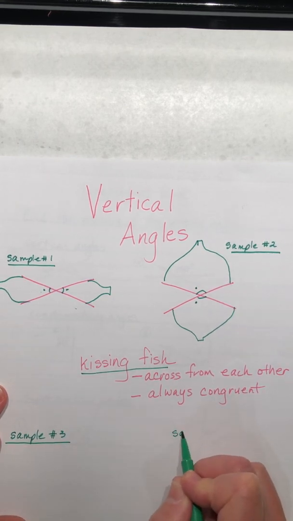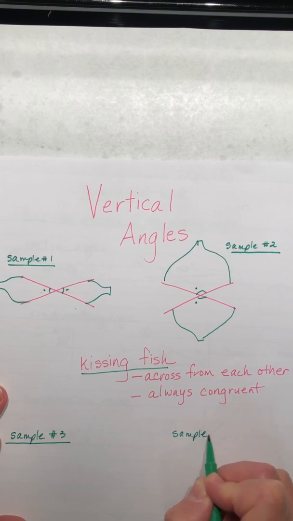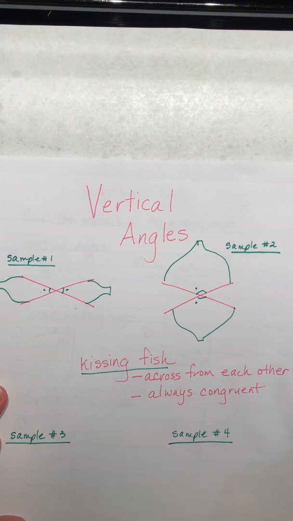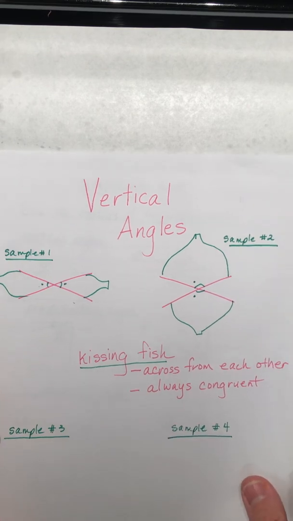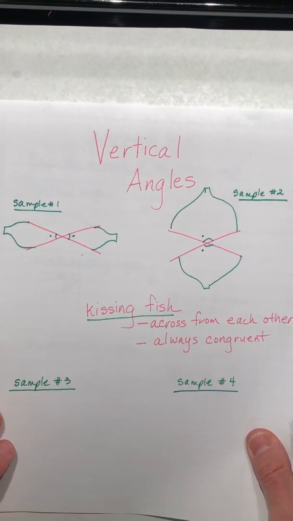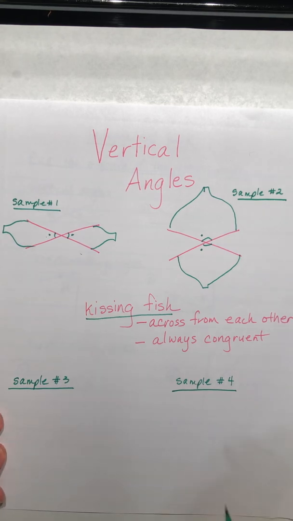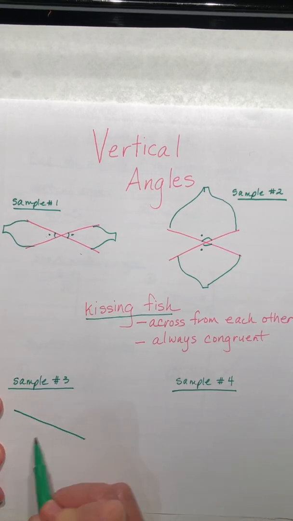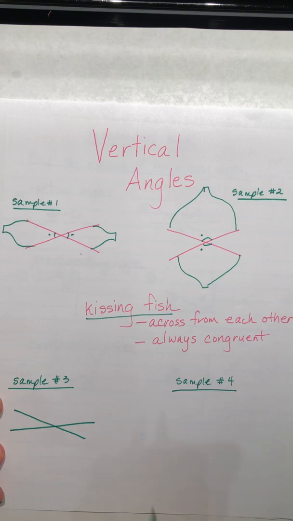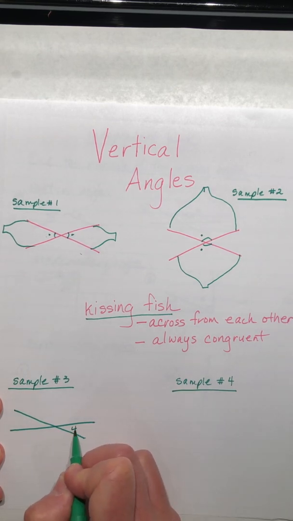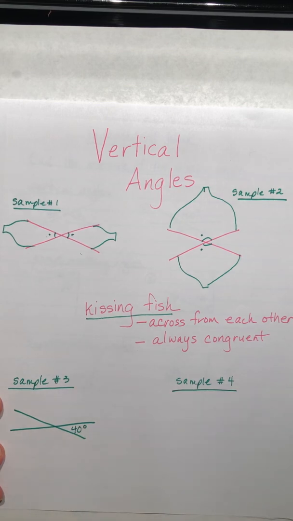And we're going to do a sample number 4. You scooch that up a little. Okay, so if I give you a pair of vertical angles and I tell you that this one is 40 degrees, please go ahead and record that.